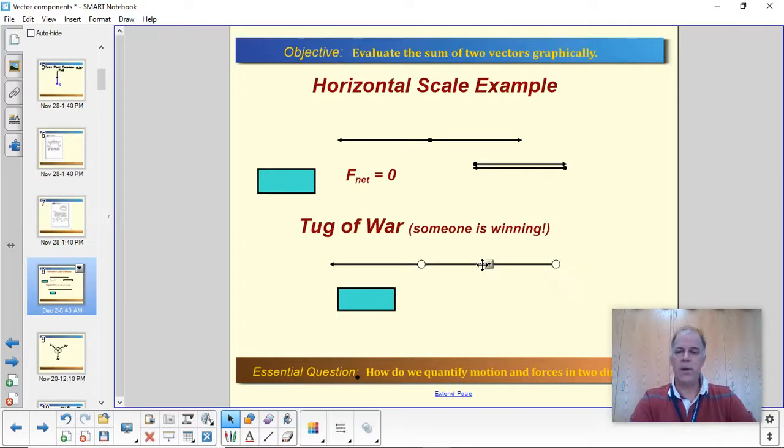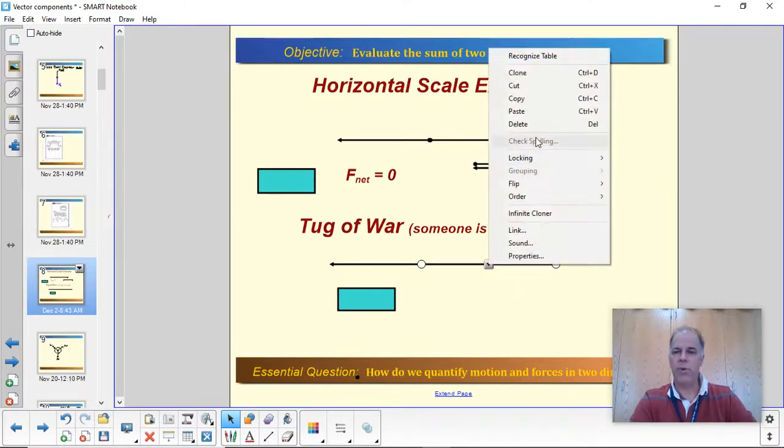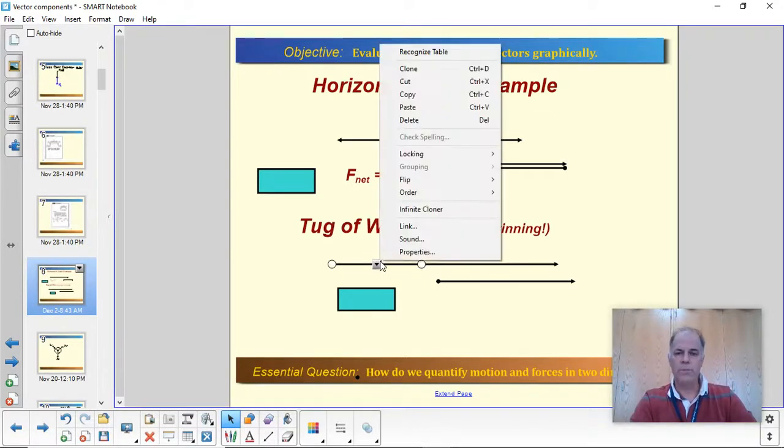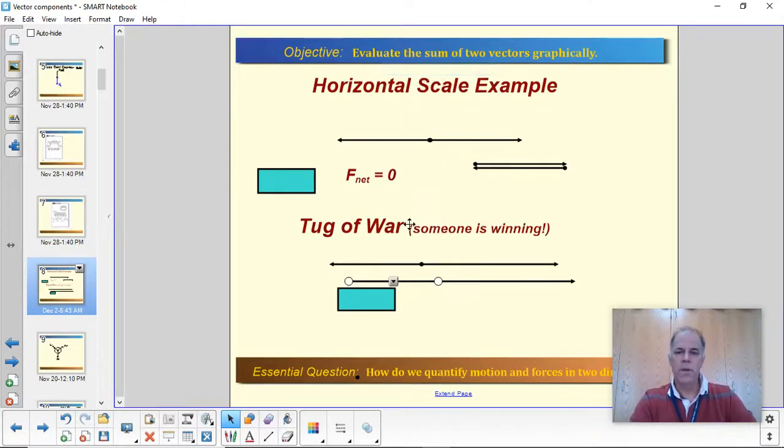So let's do the same thing. We're going to make a force vector diagram out of it. We're going to clone this one, leave it there. So this is kind of our origin. Now we're going to clone this one, and we're going to do tip to tail method. We're going to lay it on the right there. So we have the tail of the second vector laid on the tip of the first. And that gives us a net force.